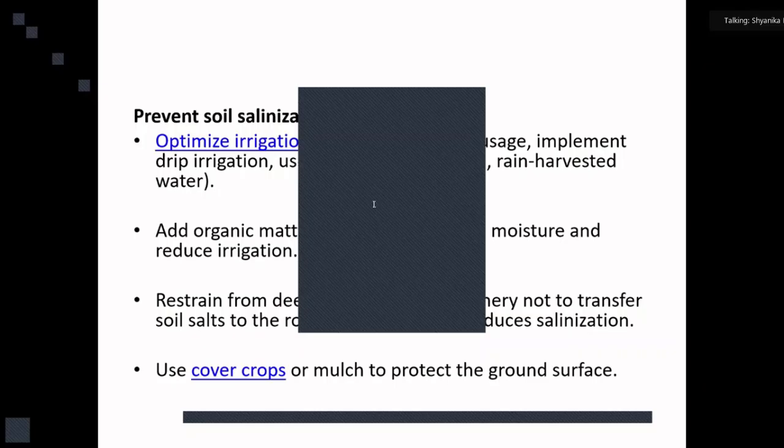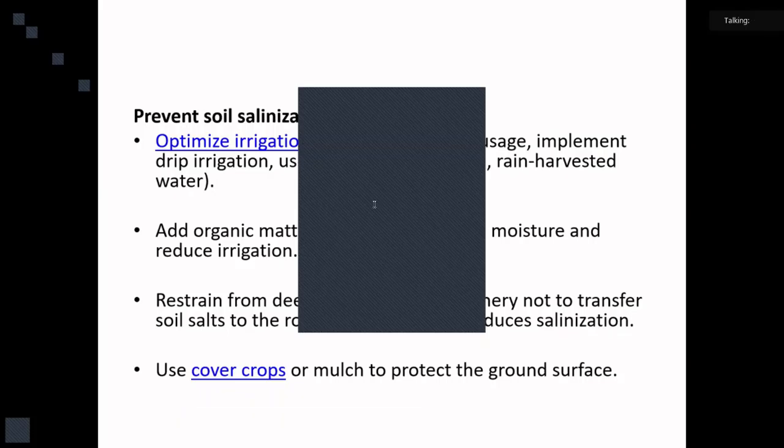Salt may accumulate mainly if we irrigate with saline water, maybe if we irrigate with wastewater and brackish water, they all contain some salts. And when evaporation increases, yes, correct.